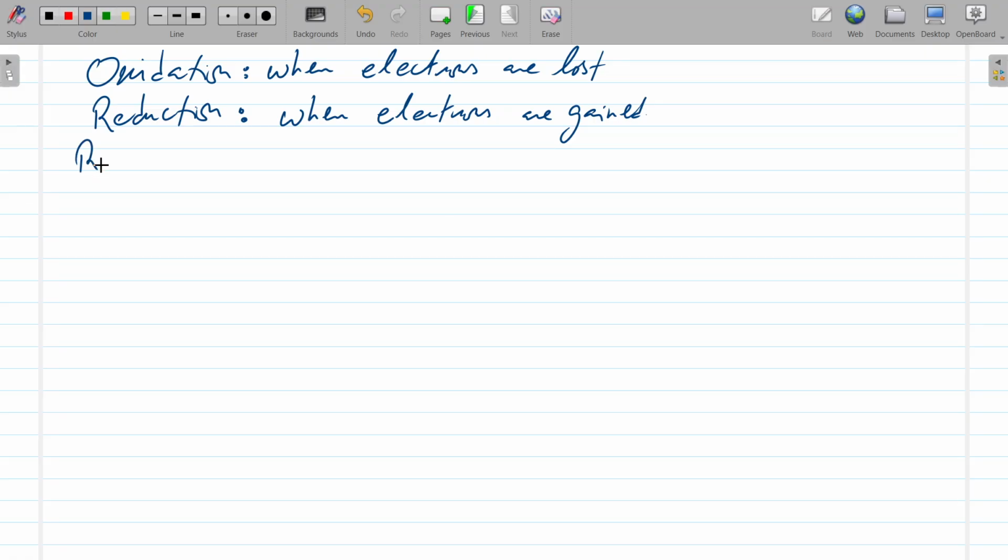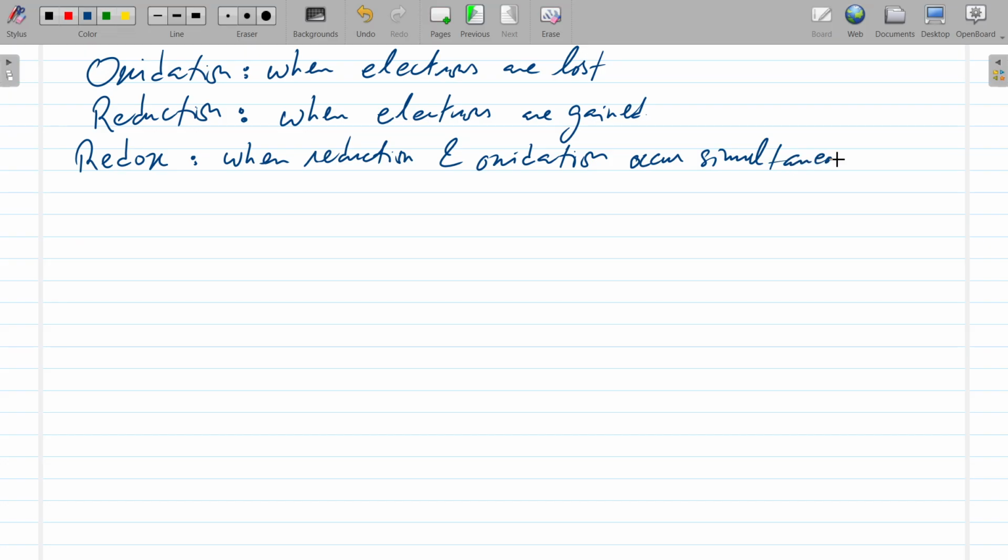And in the earlier chapter, we talked about redox, which is when reduction and oxidation are happening simultaneously, in the same reaction or process.